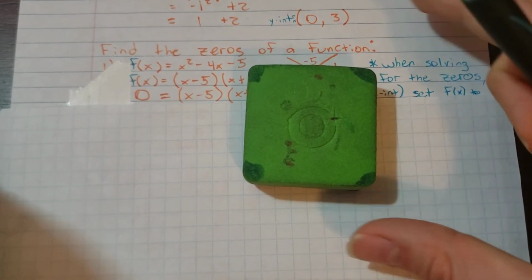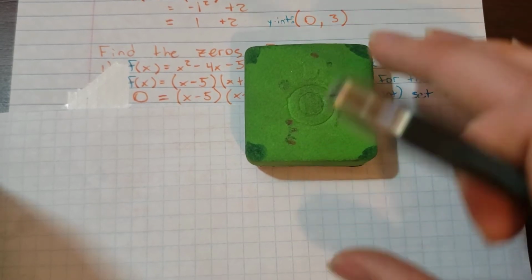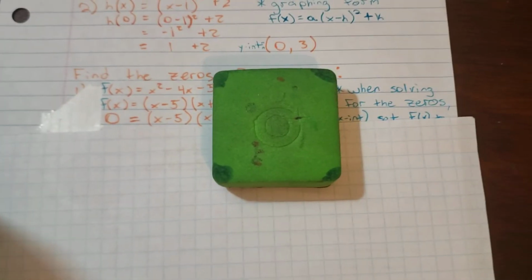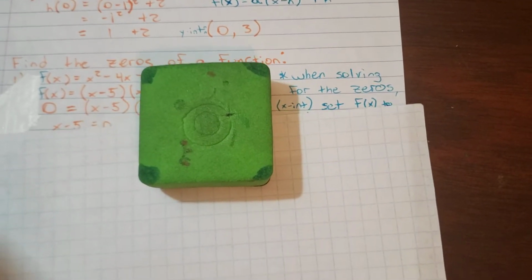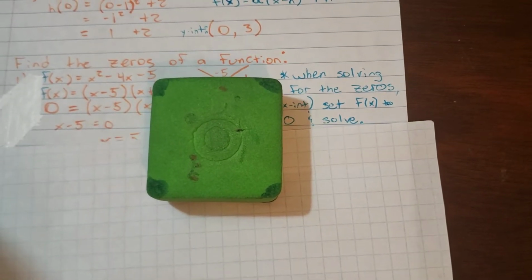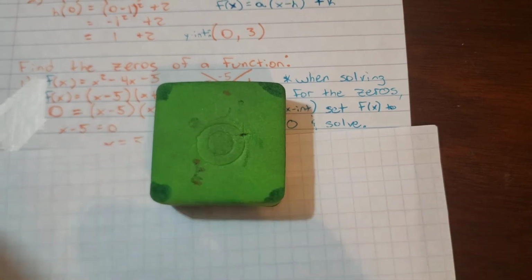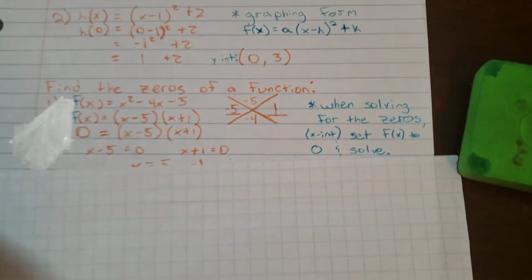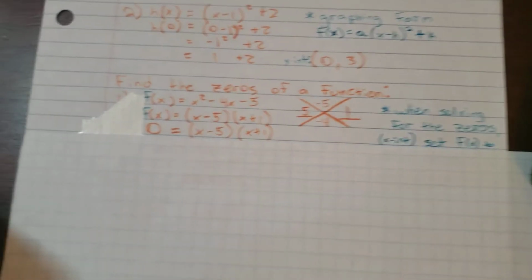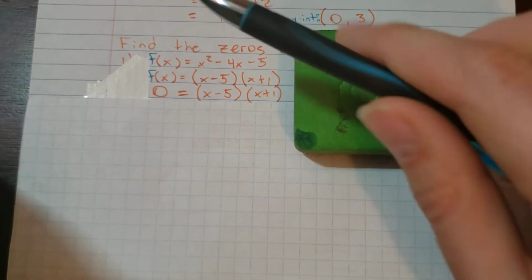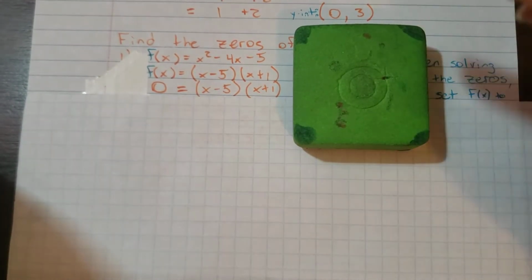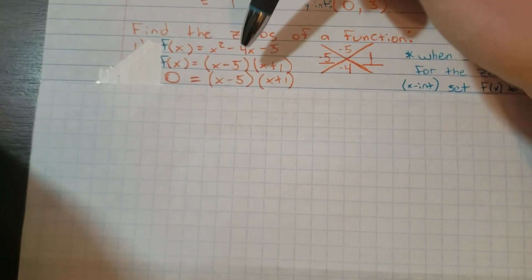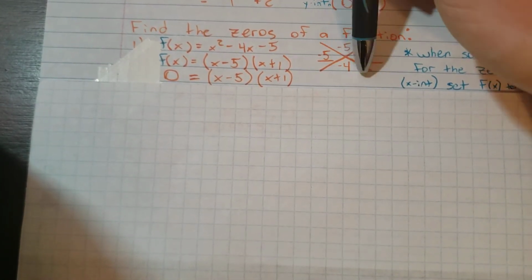When solving for the zeros, those are the x-intercepts. Set f of x to 0 and solve. So when solving for the zeros, you substitute in 0 for f of x, which I've done here. Now, what I have hidden under here is me doing the diamond problem.